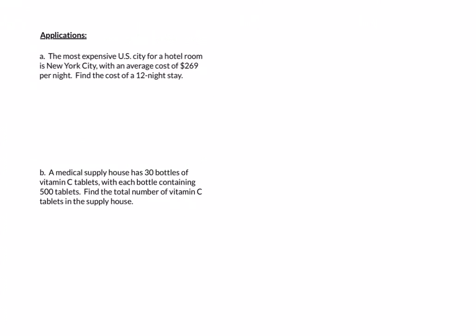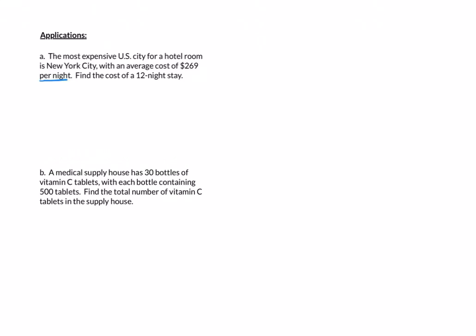Well, one of the first terms that we have, whenever you see per night, per bottle, per whatever, that implies either a multiplication or a division problem. And so this one, we are wanting to know what is the total cost of staying 12 nights.